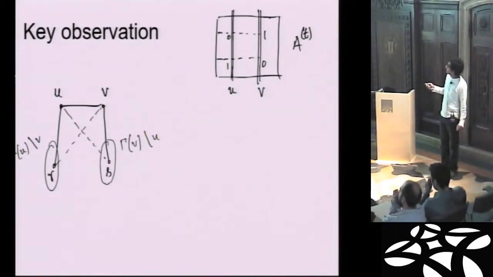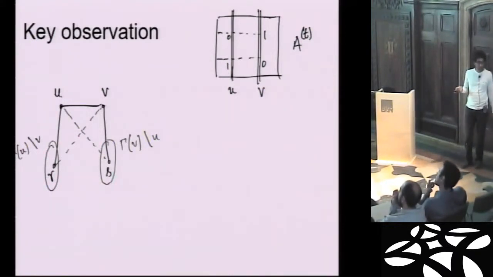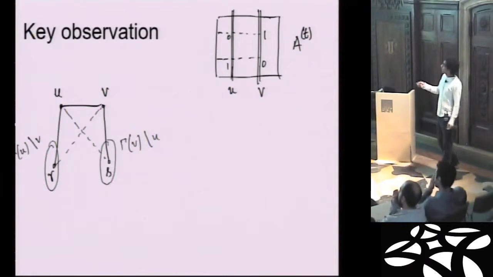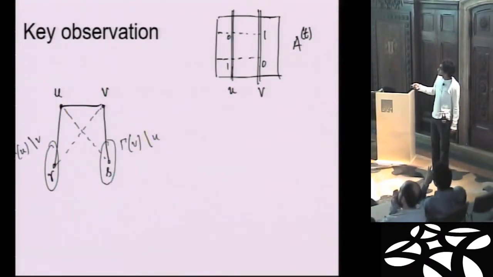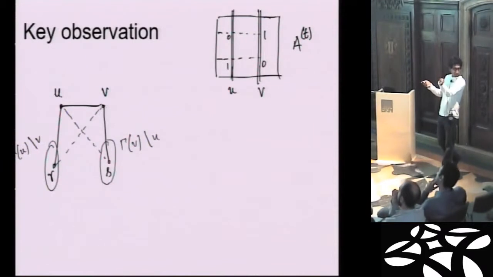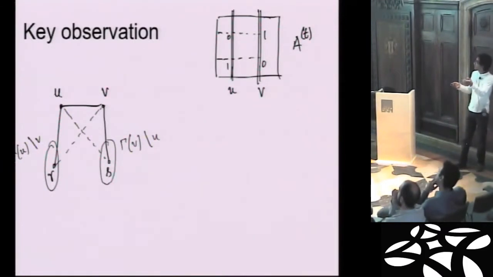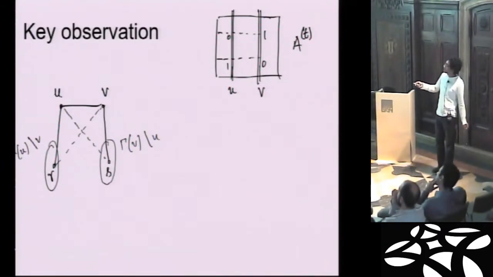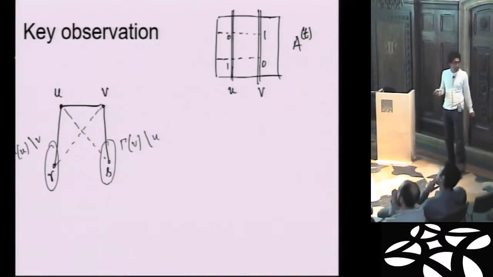Suppose UV is an edge, so you have ones out here and zeros on the diagonal. So what happens in one step? Okay. So what you will do is take a 1 from one of the columns, put it in the other column, and take a 1 from this column and put it in the other one. Okay. And which one you pick is chosen randomly.